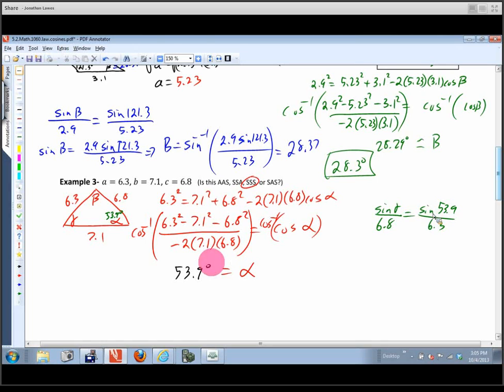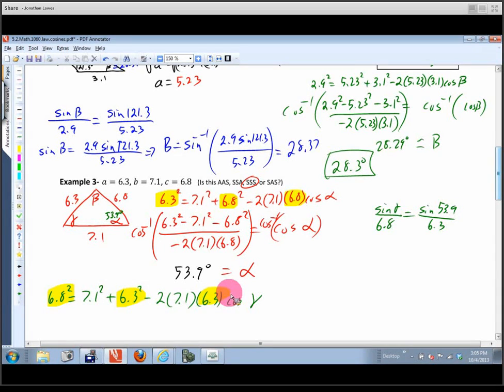Or what we could do is we could just change the order of these things. So if I did that, I'd be starting off with 6.8 squared, 7.1 squared. This would be 6.3 squared. And then 2, 7.1, 6.3, and then cosine of, instead of alpha, cosine of gamma. Well, notice how similar these are, and when I move things around, the only thing that I changed was 6.3 for 6.8, there's a 7.1, 6.3 for 6.8, 6.3 for 6.8.